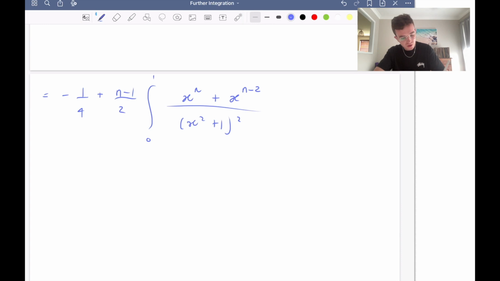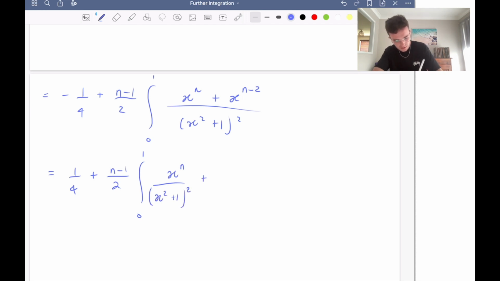So we integrate that. That's going to be minus 1/4 plus n minus 1 on 2, integral from 0 to 1. We can split this into two integrals, x to the n on x squared plus 1 squared, plus x to the n minus 2 on x squared plus 1 squared.